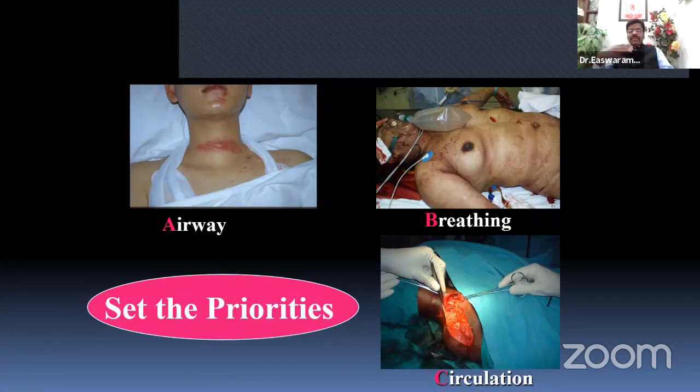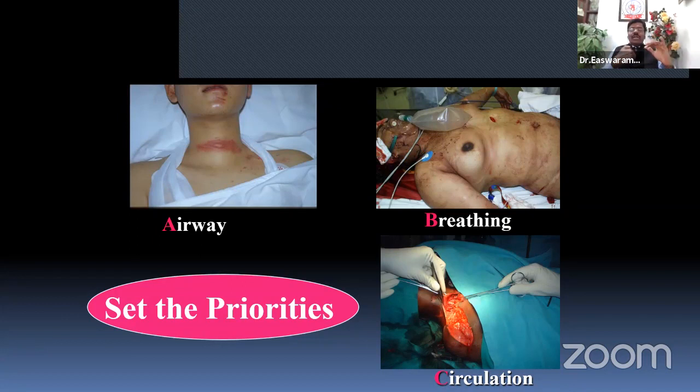Breathing: if the patient is having air hunger, hyperventilating, or increased respiratory rate, normal respiratory rate is 12 to 16. If it is more, there is a reason for the increased respiratory rate. If you inspect carefully, one side of the chest may not be moving like the other side, decreased chest movement.